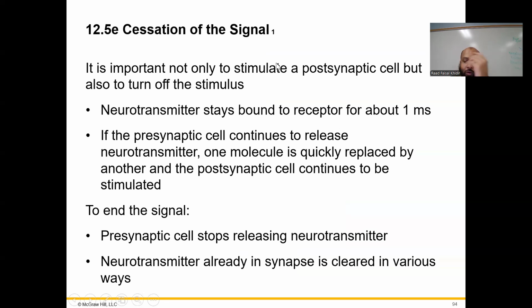So to succeed, the signal is important not only to stimulate the postsynaptic cell, but also to turn off the stimulus. The neurotransmitter stays bound to the receptor for 1 millisecond. If the presynaptic cell continues to release neurotransmitter, one molecule is quickly replaced by another, and the postsynaptic cell continues to be depolarized and stimulated. To end the signal, the presynaptic cell stops releasing the neurotransmitter, and the neurotransmitter in the synapse is cleared in different ways.